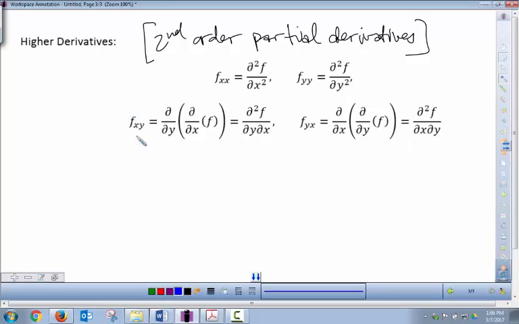These two have a special name. These are called mixed partials, because you're mixing the variables: x first and then y, y and then x, and there are 2 of them.